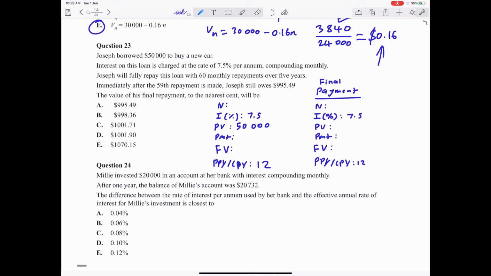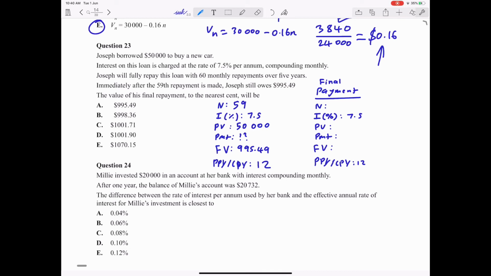Immediately after the 59th repayment is made, Joseph still owes $995.49. We don't know what his payment initially is, but we don't need to know that. We need to find his final payment.